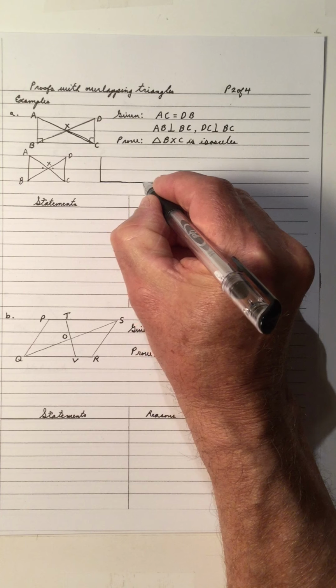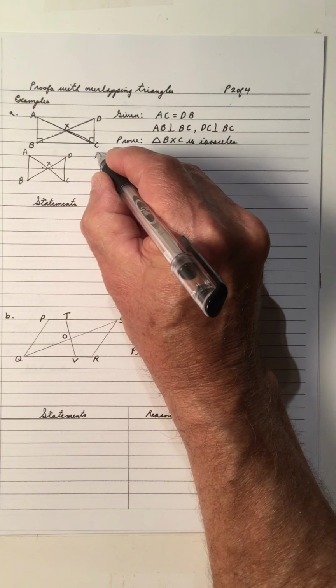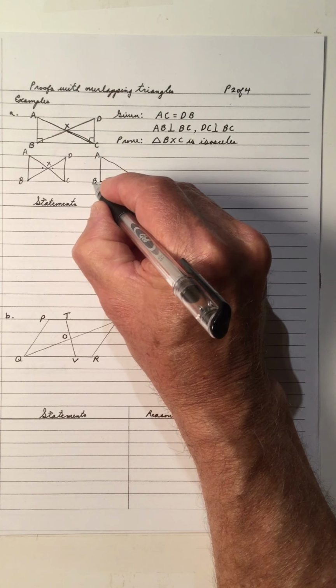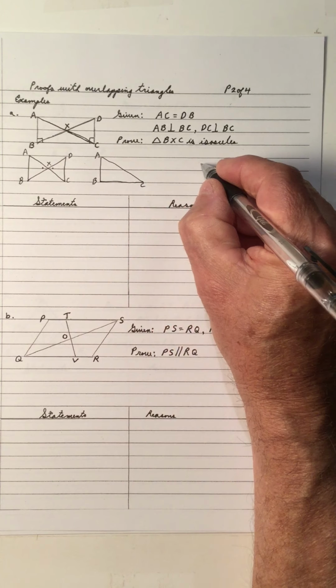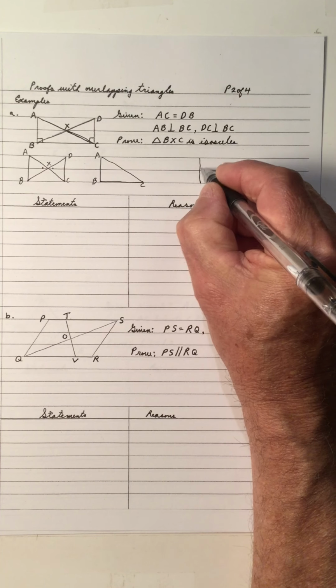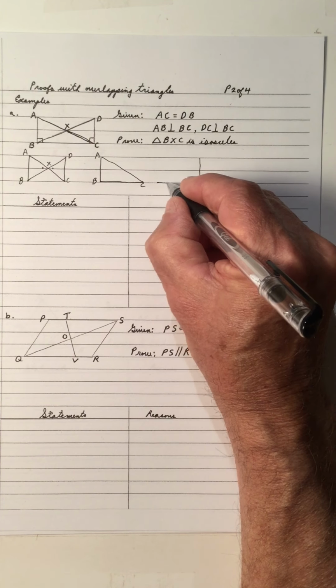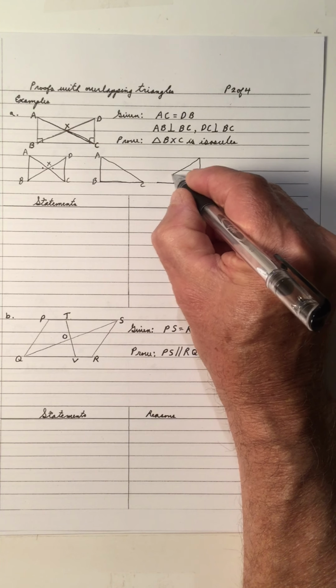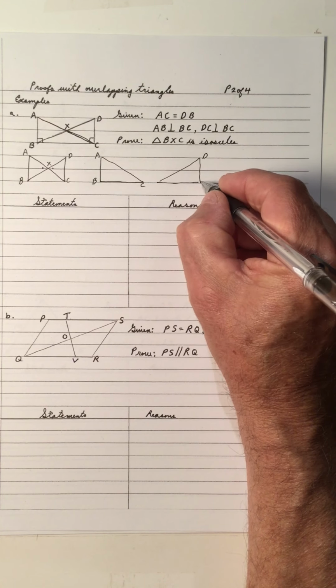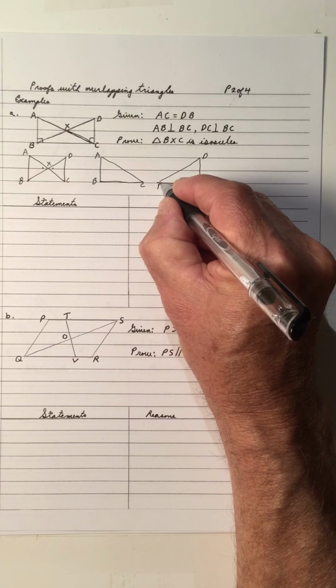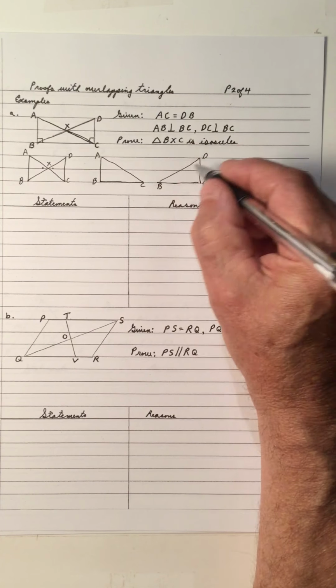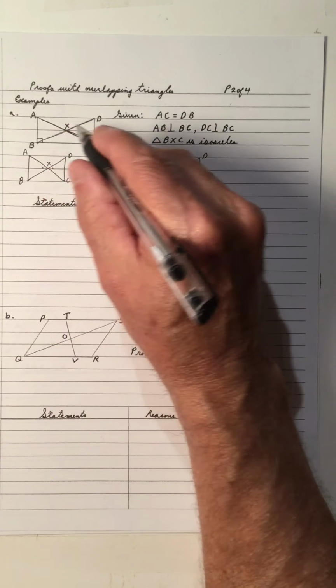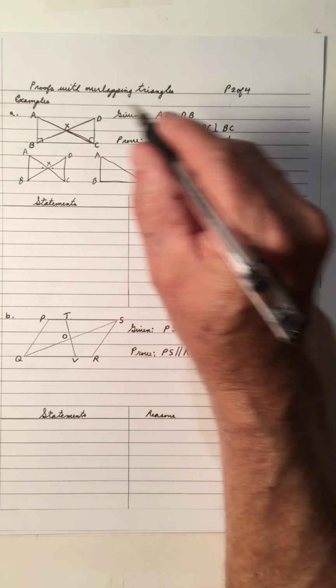So let's try the big triangles, which are triangle ABC and triangle DCB. You can see that they're overlapping, the big ones.